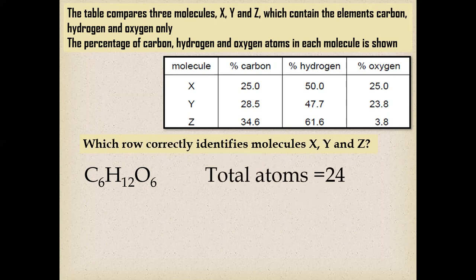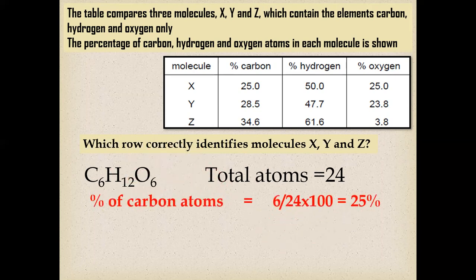If you want to check the percentage of carbon atoms in this formula, it will be 6 divided by the total 24, multiplied by 100, which equals 25%. That's according to the given data in the table.